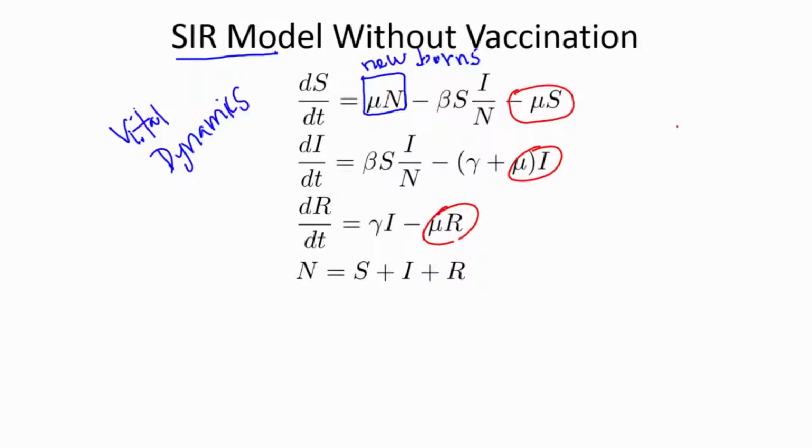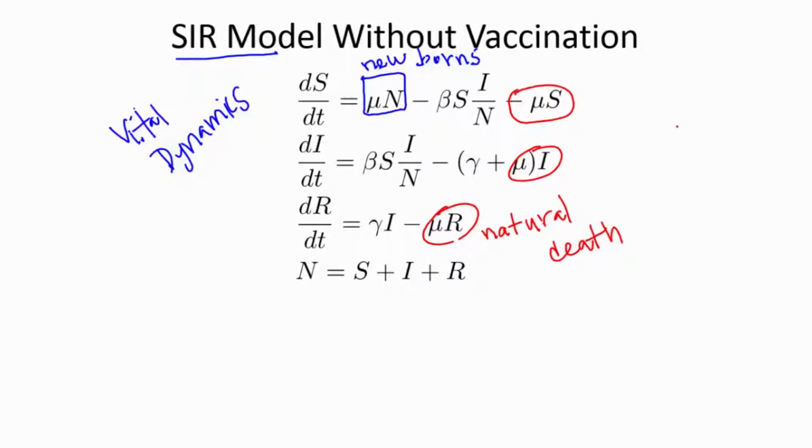Individuals are dying here at a constant rate, a rate that is equal for all compartments. And this is death due to natural causes. So this model incorporates birth and death of individuals, and therefore we call this vital dynamics.